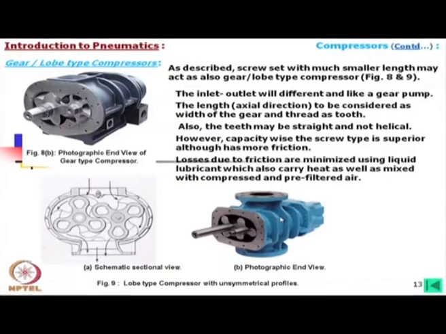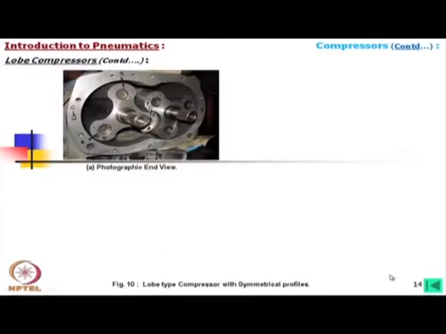So, we have to first demoisturize the air before entering such a compressor, or else the oil being mixed will not be separated. We have to use the separator or filter in such a way that the oils are separated, because the oil mixing is being done to some extent while it is being compressed.